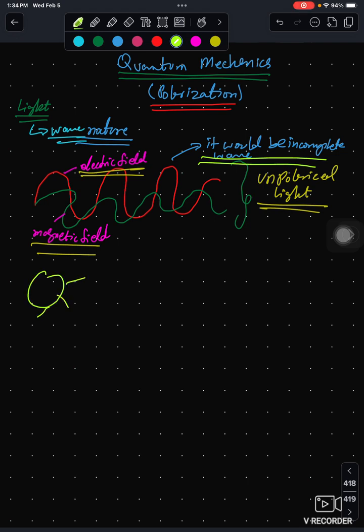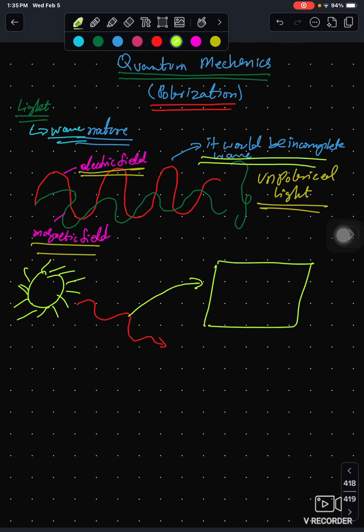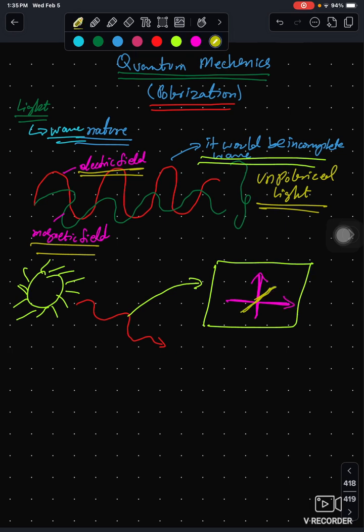When light from the sun reaches our eyes, this is the correct way I would draw this light. If I zoom into this light in terms of theory, it doesn't only have vertical and horizontal orientation, but it has orientation in this direction and this direction as well.